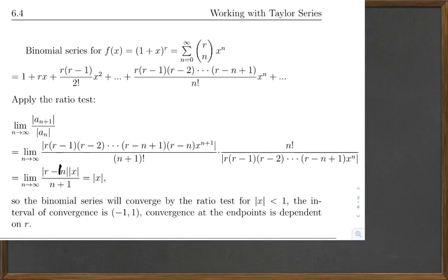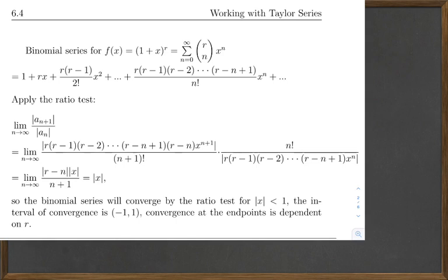The n is what's moving, so the quotient of the leading coefficients is going to be 1 over 1, so the limit here is going to be the absolute value of x. And we're going to have convergence by the ratio test provided that this limit, the absolute value of x, is less than 1. So this gives us an interval of convergence of negative 1 to 1. The convergence at the endpoints is going to be dependent on the value of r.